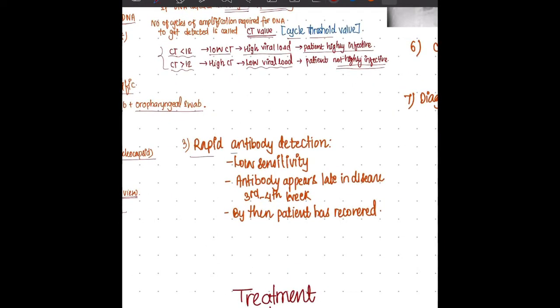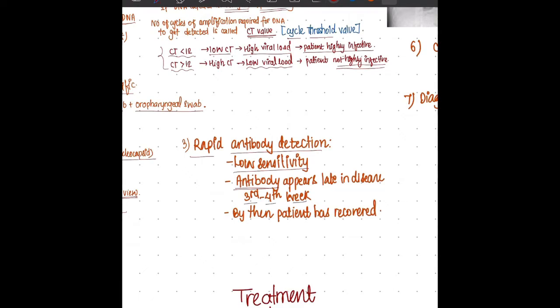Another test is the rapid antibody detection test. It is also a rapid test, but it detects the antibody that our immune response makes against the virus. Hence, it has a very low sensitivity, lower than the rapid antigen detection test. Why? Because antibody appears in our body only late in the disease, after the 3rd to 4th week.